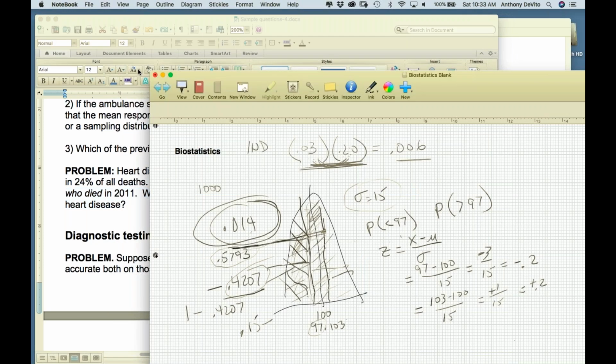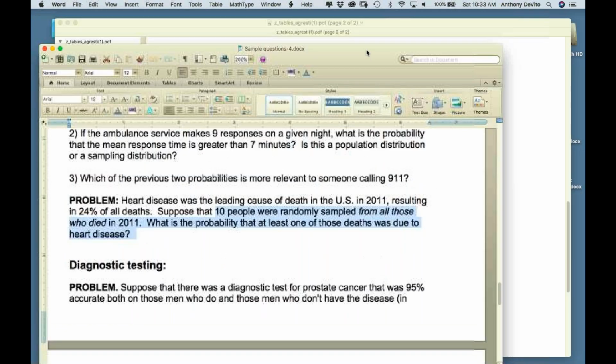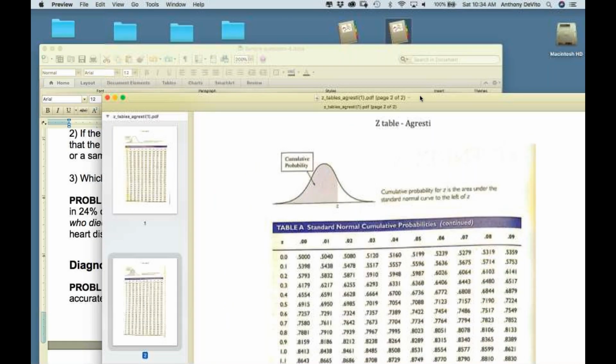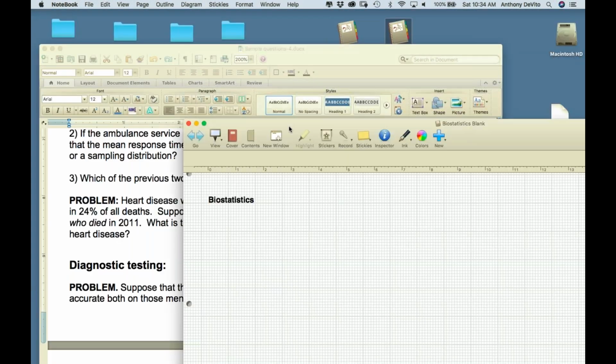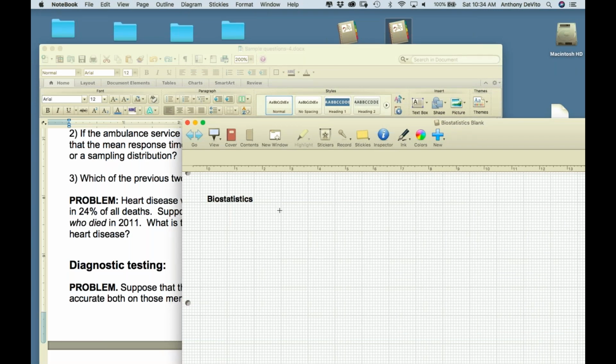Well, okay, let's take a fresh sheet here. So 24% of all deaths were due to heart disease. If we sample completely independently and randomly, we would expect the probability that the person we selected died from heart disease would be 0.24, 24%.